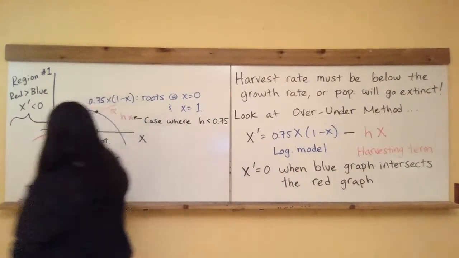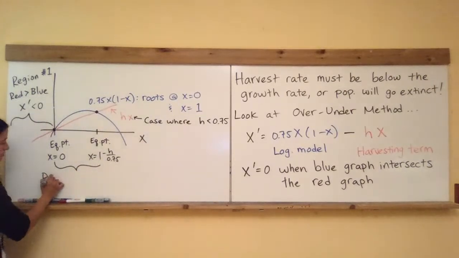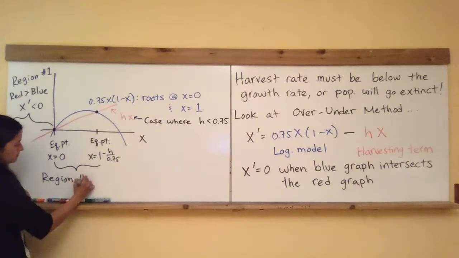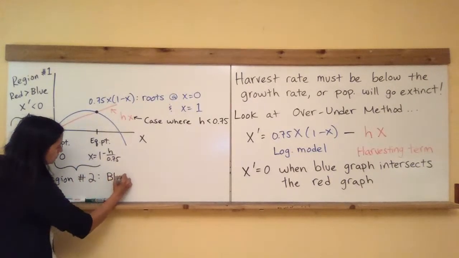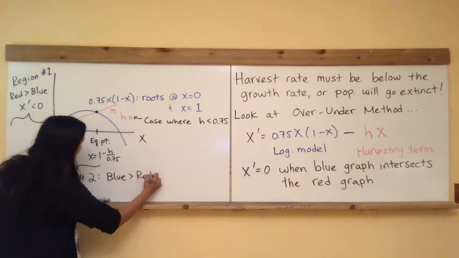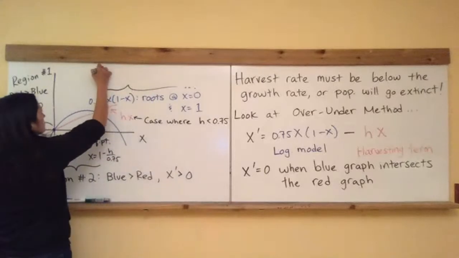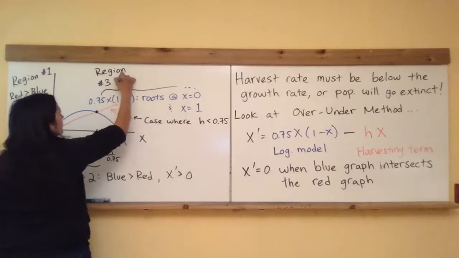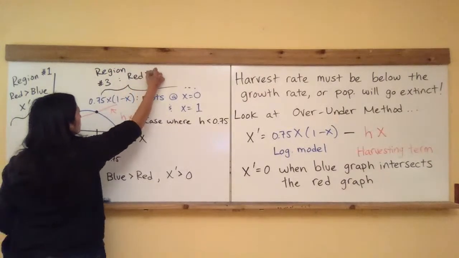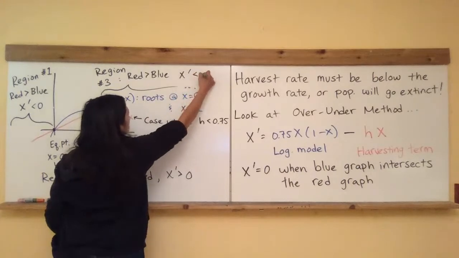And then over here, in region number 2, blue is greater than red. And so x prime is positive. Region number 3, where red, again, is greater than blue. And so x prime is less than 0.